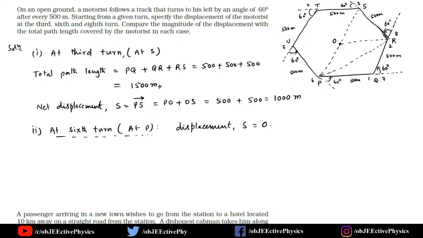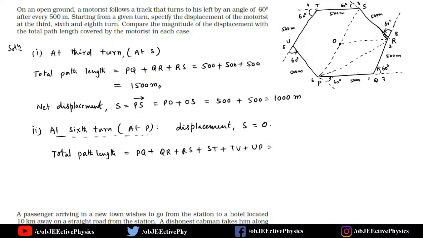Then total path length. Total path length is the total circumference or perimeter of the regular hexagon. And next, total path length at 6th turn is equal to PQ plus QR plus RS plus ST plus TU plus UP.